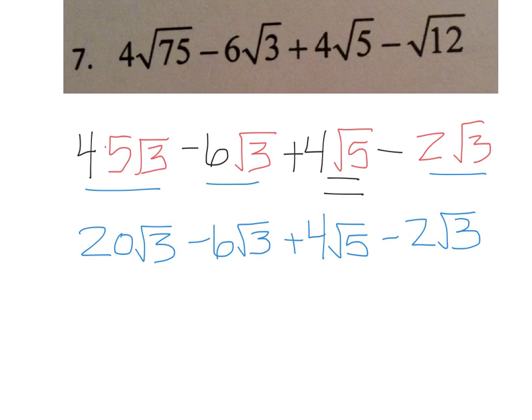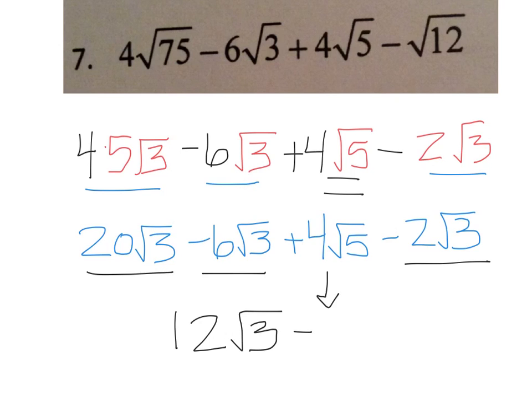So then adding up my radical 3's, I have 20 minus 6 gives me 14, minus 2 gives me 12. So all I'm doing there is adding up my coefficients. The radical does not change. And then I still have the 4 radical 5.